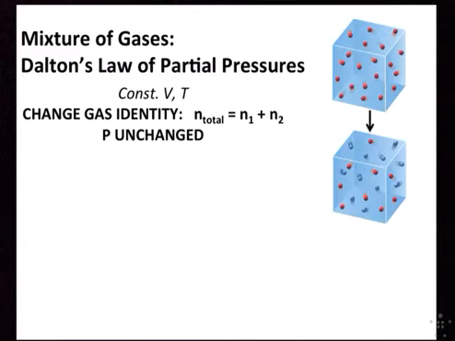So just a quick reminder, this experiment is where we've got some container of gas molecules. We keep the volume and the temperature constant. We swap out some of the molecules, say molecules A for molecules B, but we keep the total number of molecules the same.